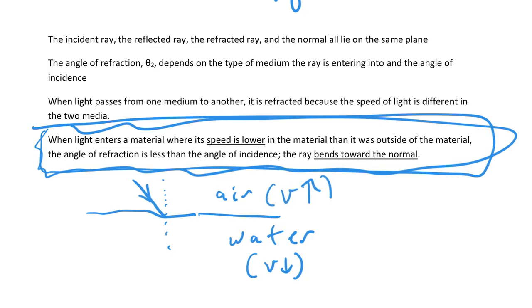The speed of light is greater in the air, even though it hangs out around 3 times 10 to the 8 meters a second. And here's the angle of incidence to the normal. Then if it's going to slow down, it's going to bend towards the normal.